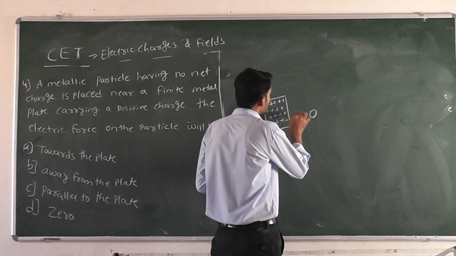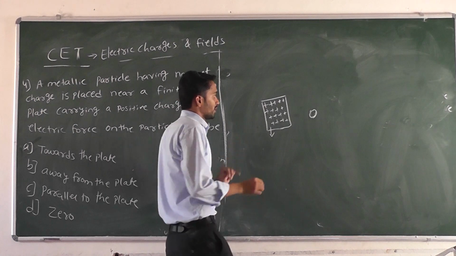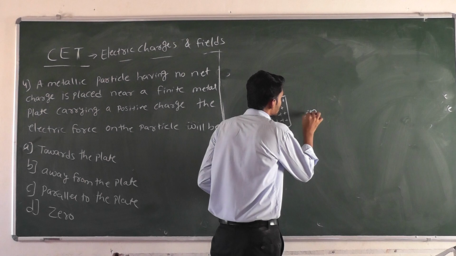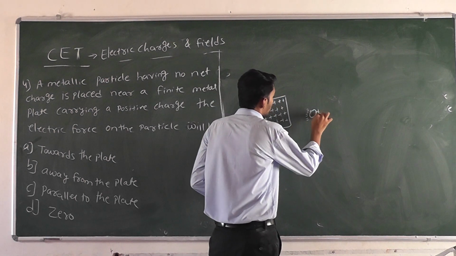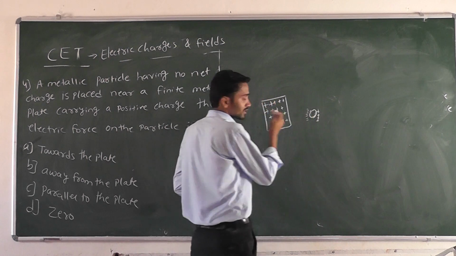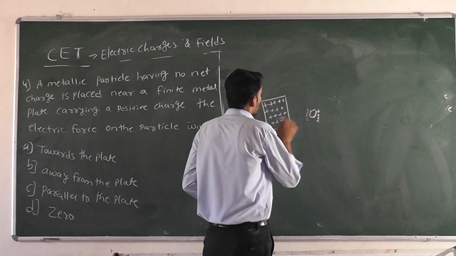So when we place this particle near this charged plate, the induction process takes place. All the negative charges come to one side, and all the positive charges go to the other side.